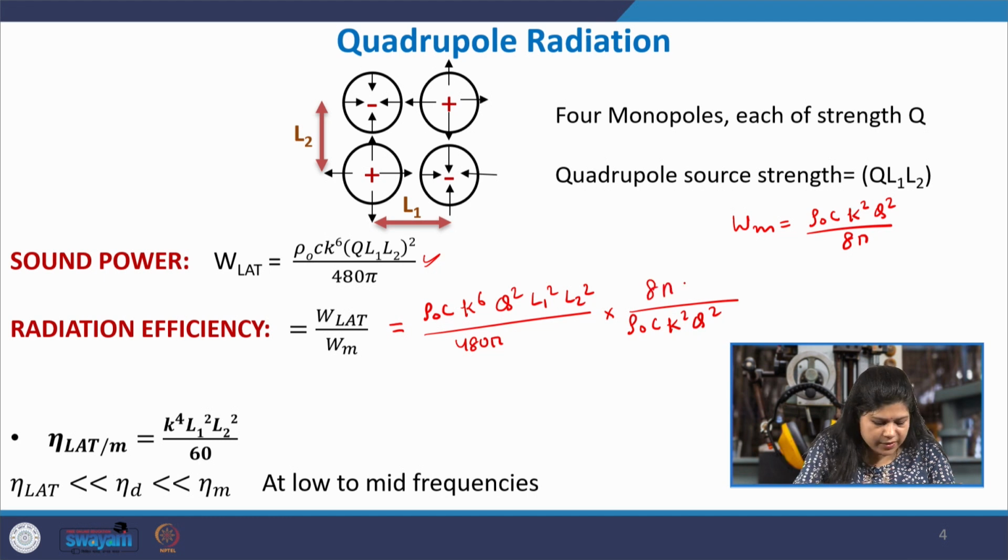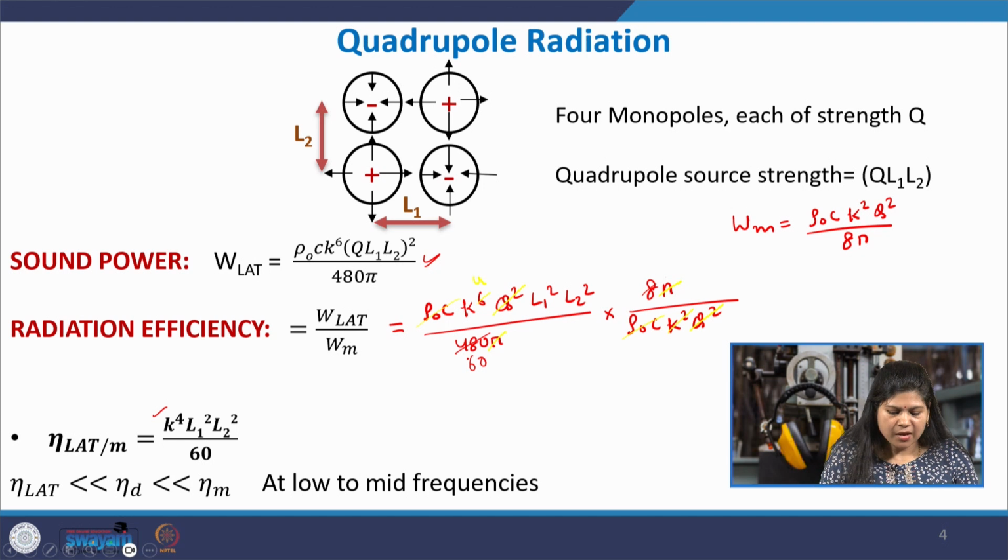If you solve it, ultimately you would end up with k to the power 4 L1 square L2 square divided by 60.